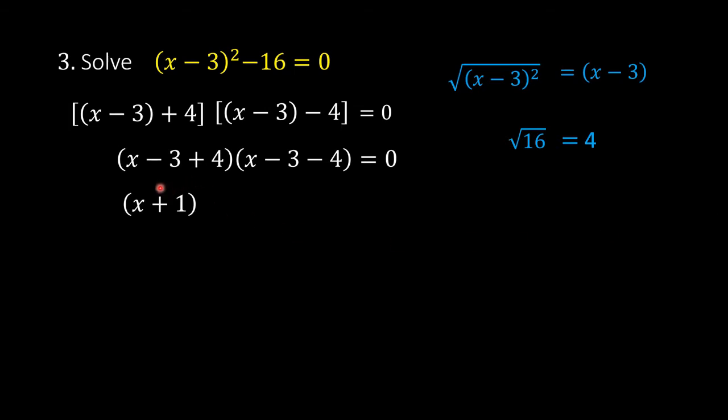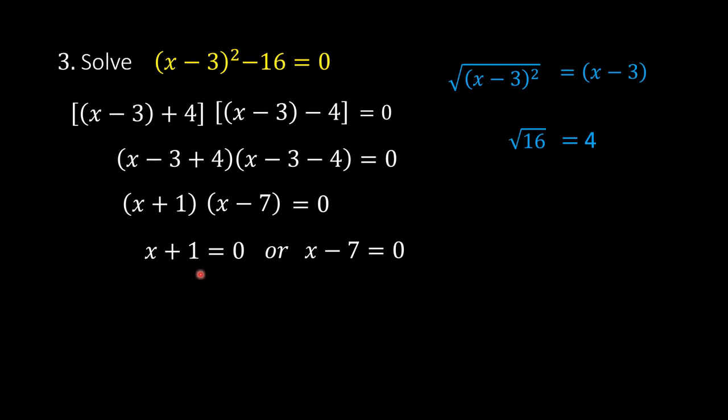Simplifying further, we combine negative 3 and positive 4, that is positive 1. Then negative 3, negative 4 is negative 7. So we have (x plus 1)(x minus 7) is equal to 0. Equate each factor to 0. So x plus 1 is 0 or x minus 7 is 0.